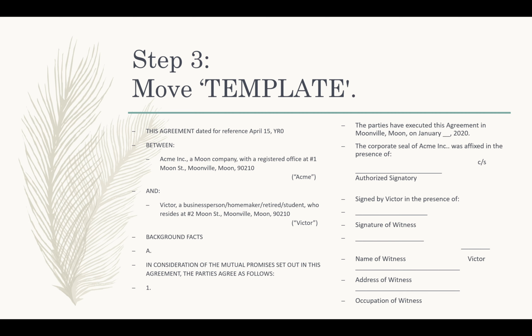We put all our background facts, A, B, C, D. And then we say, in consideration of the mutual promises set out in this agreement, and we say 1, 2, 3, 4, 5, and subheadings as we discussed earlier. And then we finally end it with "the parties executed this agreement," where they executed it, and then corporate seals or signatories with the witness. Then you'd say name of witness, address of witness, occupation of witness.